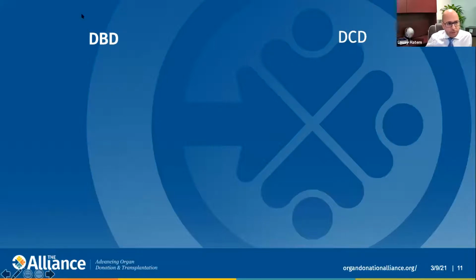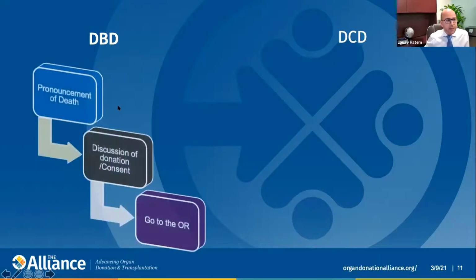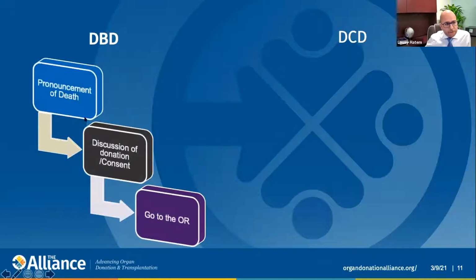Again, one of the most important differences between donation after brain death and donation after circulatory death is the timing of death. In brain death, the pronouncement of death happens first in the ICU, then the discussion with the family, getting consent, and then we go to the OR for recovery.